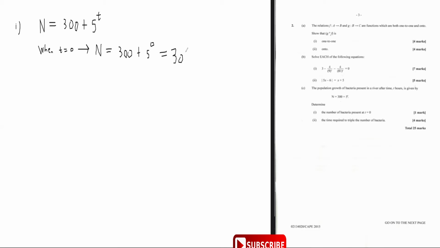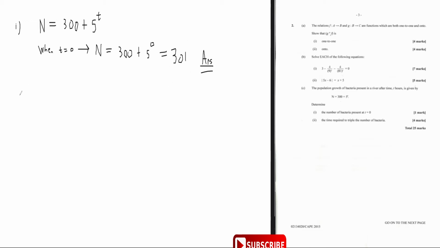That's the first part. Nice and easy. N is 301. Now let's go to the second part of this question. It says, find the time required to triple the number of bacteria. So initially there are 301 bacteria, and we need to find the time when the bacteria will be tripled.